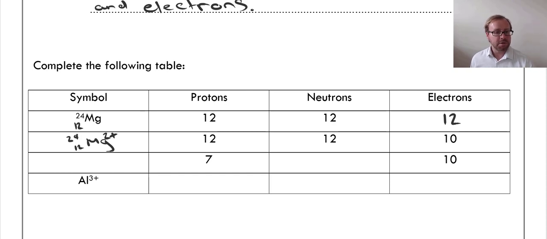Okay. Moving on, our next one. We again know the number of protons, so we can look on the periodic table to figure out what element it is, and we find out that it is nitrogen.